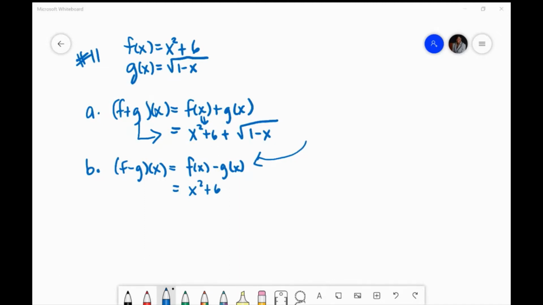So x squared plus 6, then you put the parentheses, then the square root of 1 minus x. Are we multiplying? We're not multiplying. This is subtracting, the difference, right? So minus square root of 1 minus x. You can't do anything else. Done.